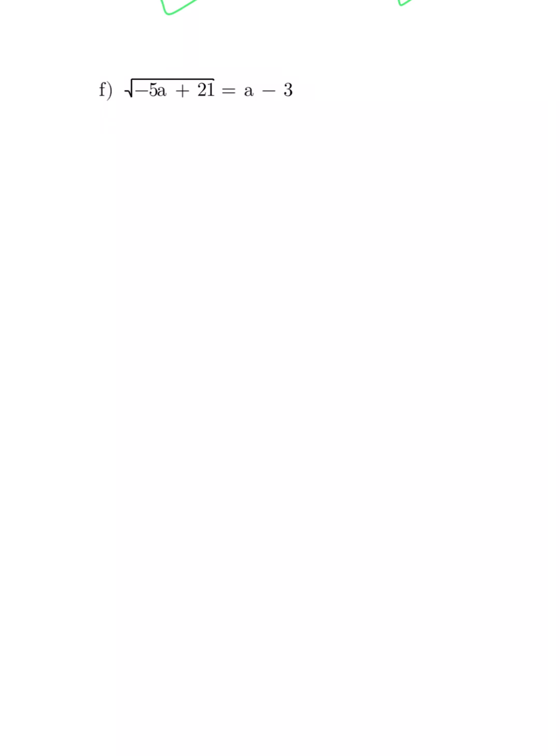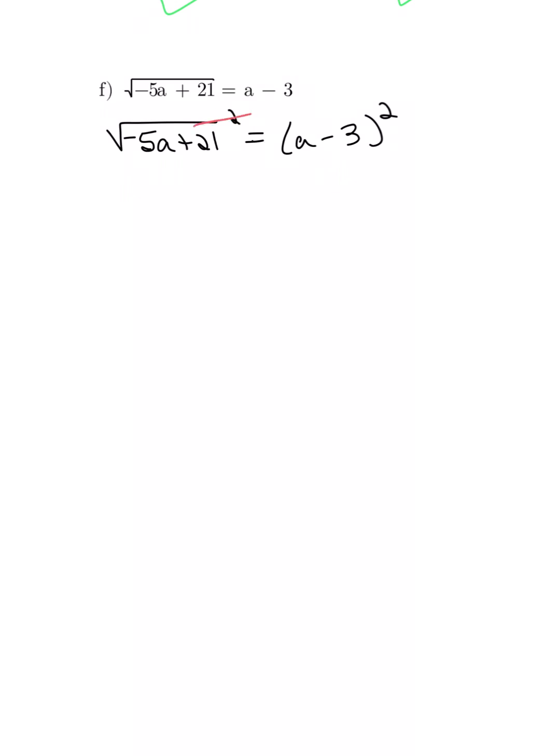For the problem of the square root of negative 5a plus 21 equals the quantity a minus 3, our radical is already isolated, so we are going to begin by squaring both sides. And again, on the right side, we are squaring a binomial, which is going to require FOIL.